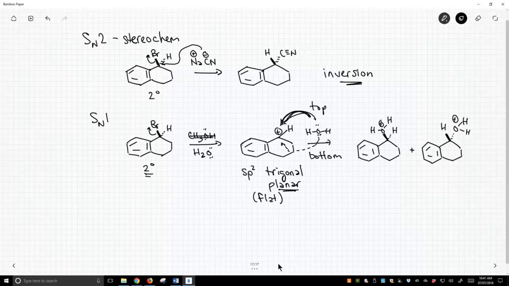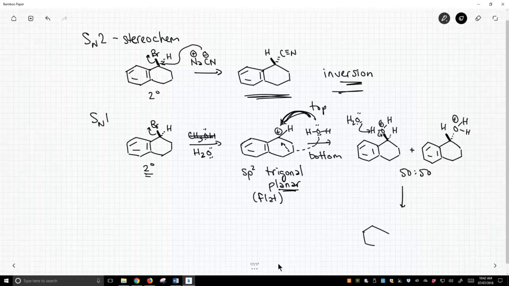So we get a 50-50 mix of these two. Very different story from what we saw up top in the SN2 reaction where we got inversion. And then I'm going to show this for one of these, not for both. But we will need to neutralize our product. We're not going to finish with these charges. And we'll deprotonate with our water.